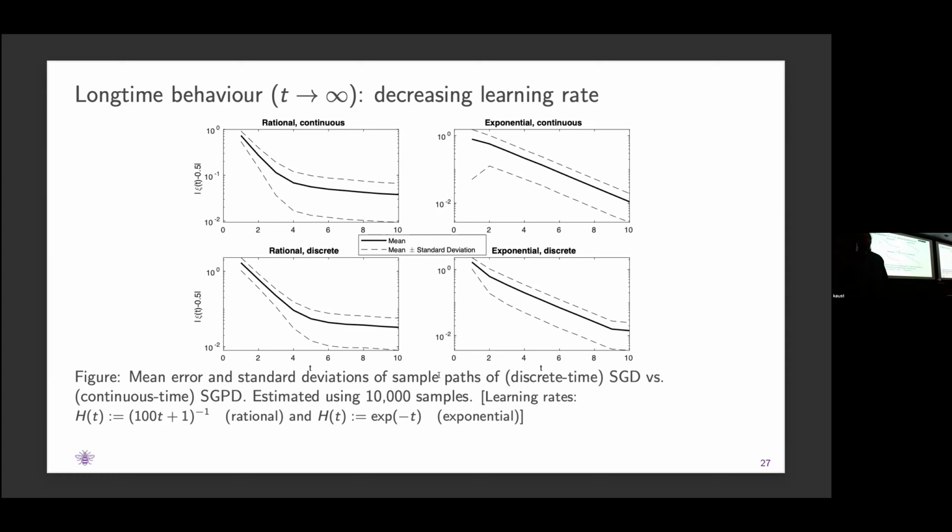And any particular motivation of why you chose one or the other? For the rational function, we were hoping that we get a fast convergence although the steps decrease rather slowly. We didn't see that for the rational one, so then we tried the exponential one instead, and there, in continuous time, we see exponential behavior.